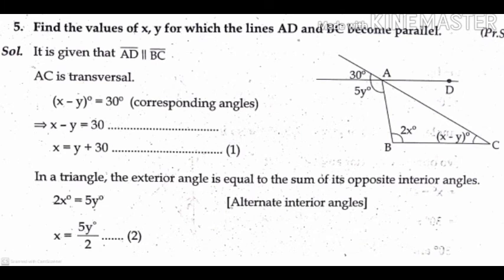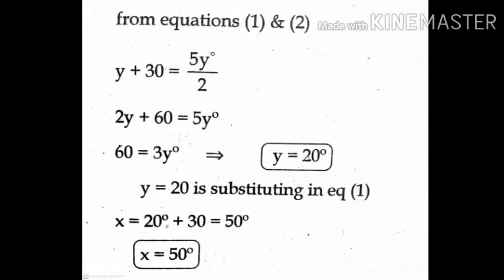That implies x minus y is equal to 30, x is equal to, the minus y moves to the right side, it becomes plus y plus 30. It is equation 1. In a triangle, the exterior angle is equal to the sum of its opposite interior angles. 2x degree is equal to 5y degree since alternate interior angles. X degree is equal to 5y by 2. It is equation 2.